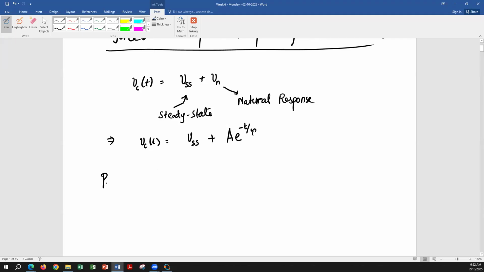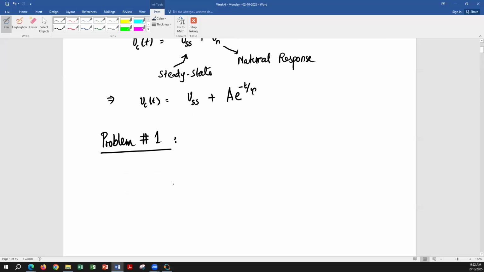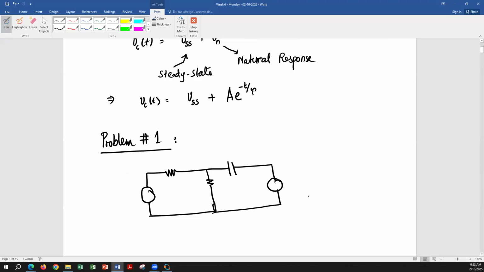So let's go ahead and start working on problems. So let's assume now that you have, let's say this is R1, R2, R3, and R capacitor.